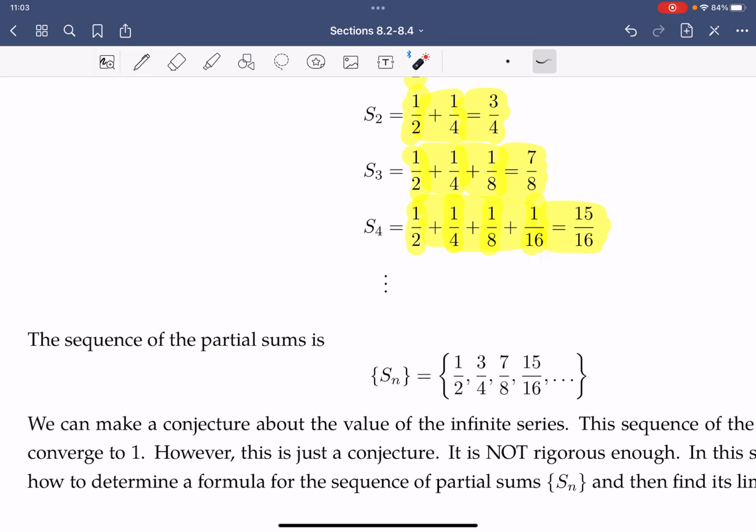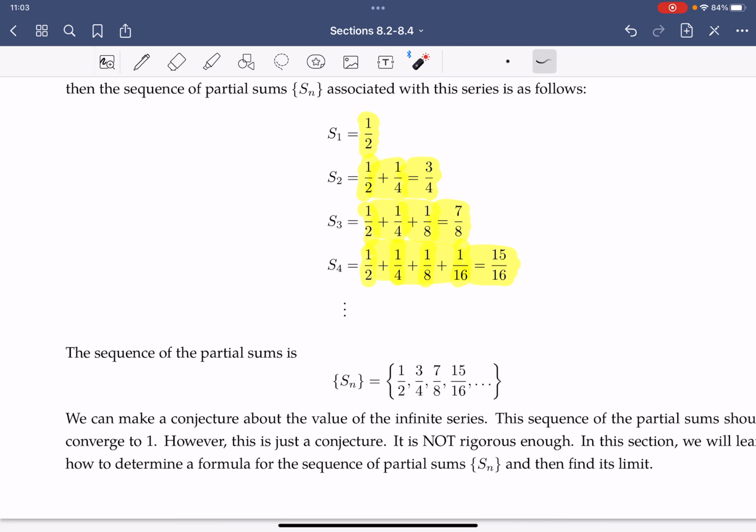So we say this series is convergent and goes to 1, because the limit of the partial sum is 1. Does it make sense? It's a little bit complicated that you have to find Sn first and then take the limit. We're going to have many tools to deal with it later, but this is the first way to do it. You can compute Sn and then find the limit of Sn.